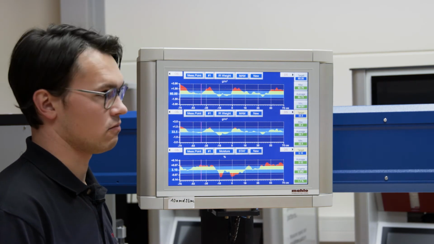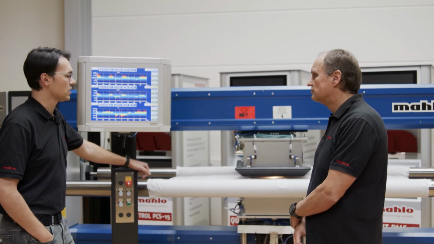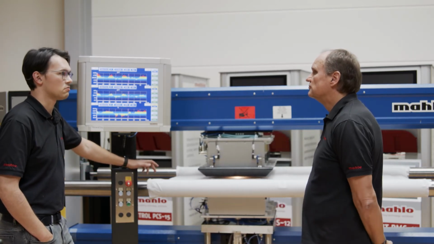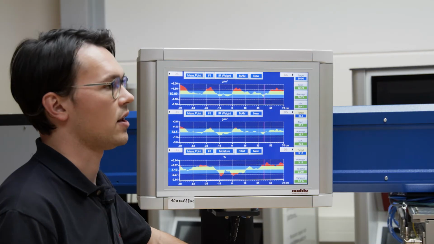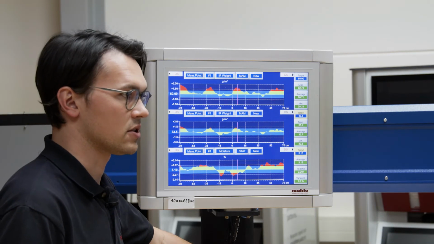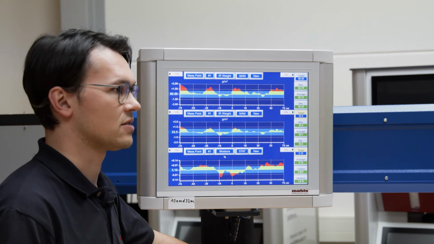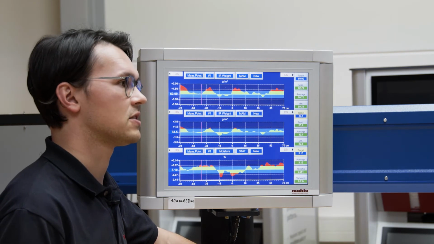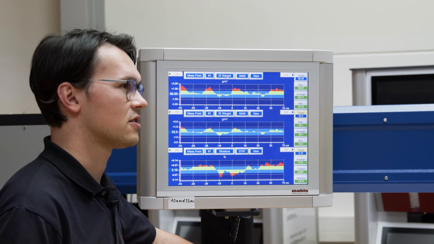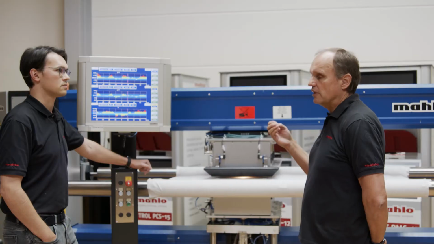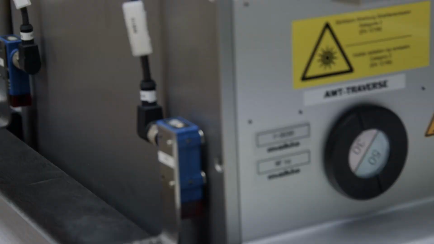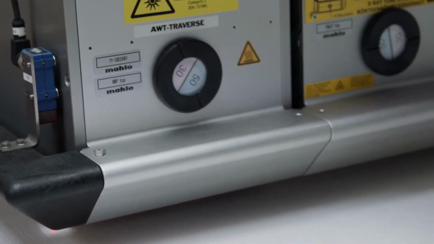Usually our customers request up to 4 channels because they may have another kind of fiber content like polyimide or something like that. So they want to know the basis weight and 2 kinds of additional fibers in the nonwoven product. Okay, and if requested, we can also add additional sensors as usual, like a thickness measurement or air permeability or whatsoever. Yeah, that's correct.